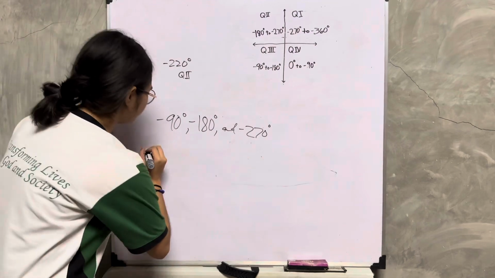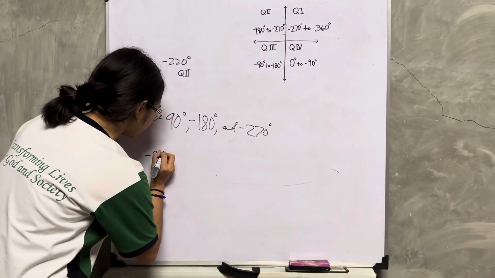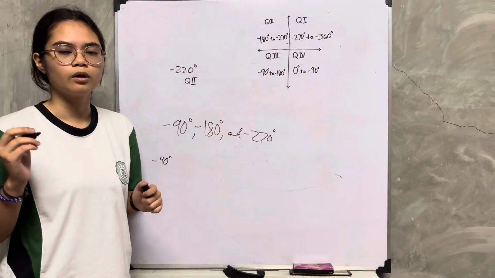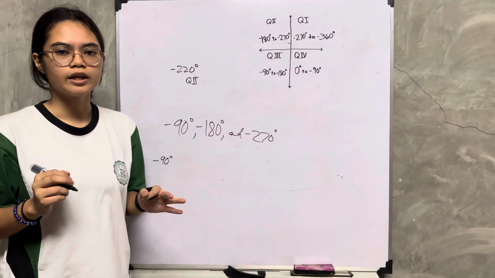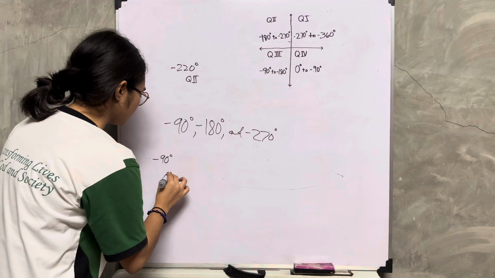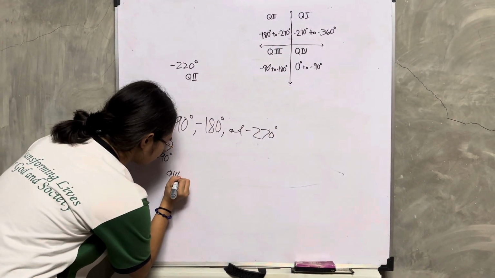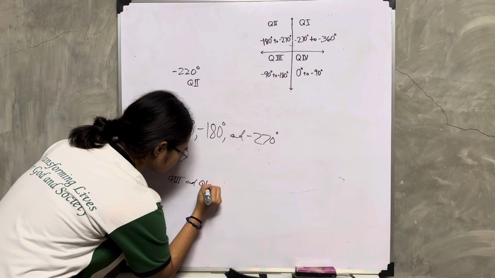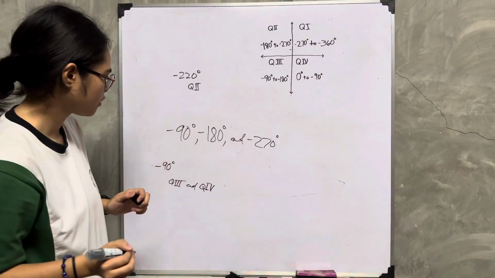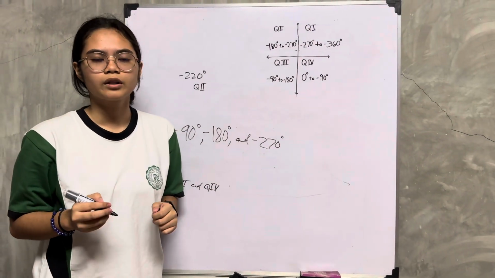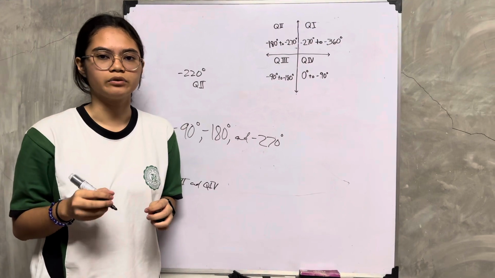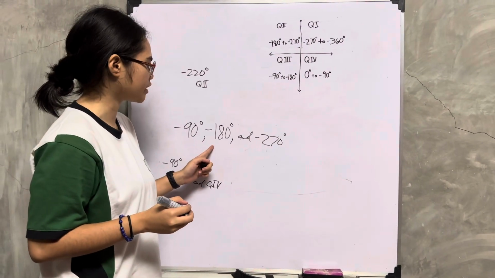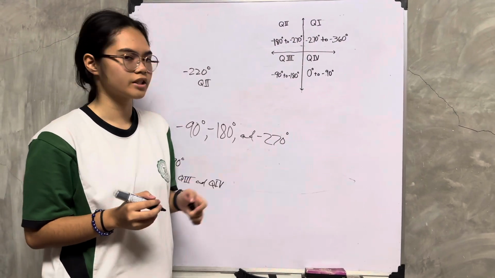For example, negative 90 degrees. This angle belongs to both quadrant 3 and 4 because they both have negative 90 degrees in their ranges. It is the same with negative 180 degrees and negative 270 degrees.